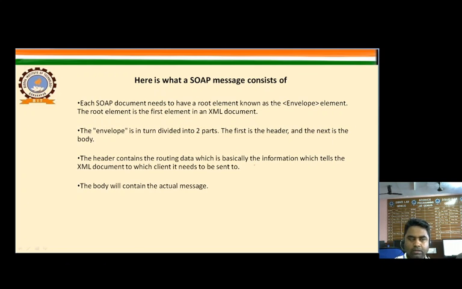So here, what does a SOAP message consist of? Each SOAP document needs to have a root element, and this root element is known as the envelope. This is a tag in SOAP, and this tag is known as the envelope.